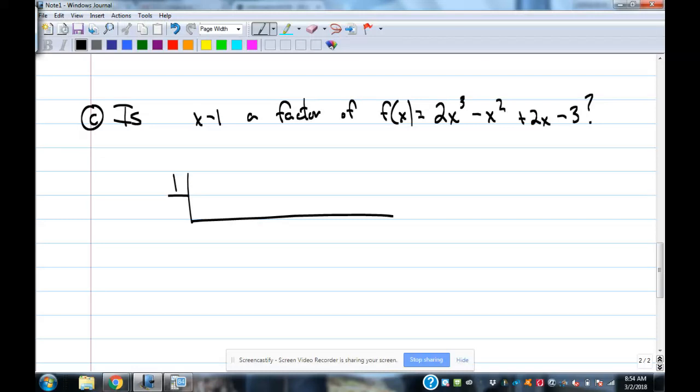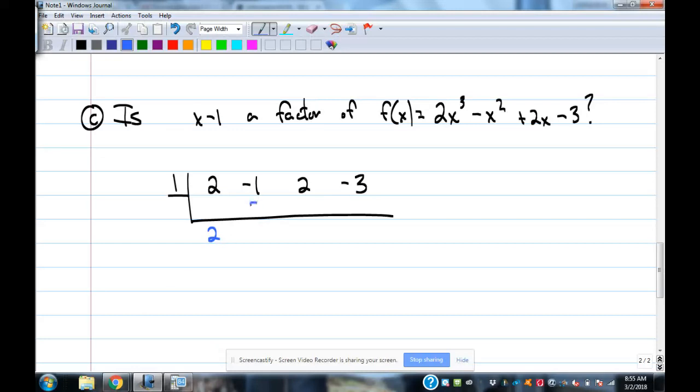Now, what's the top row of our synthetic division? 2. Get those coefficients. Make sure if there's a missing piece, you put a 0 in its place. What do I do now? Bring the 2 down.